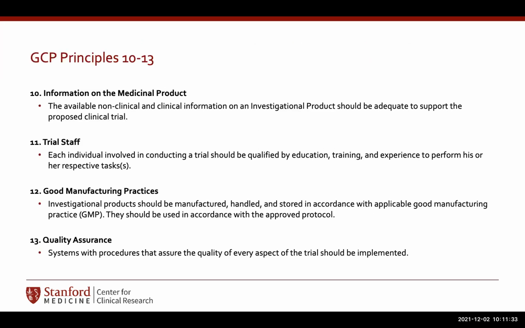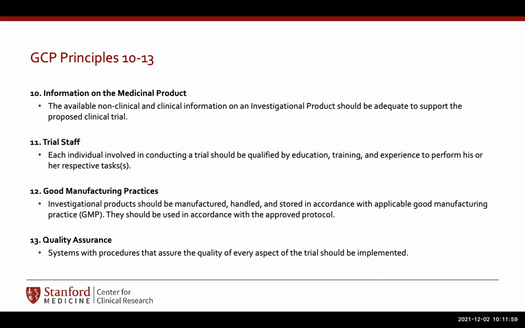Okay, so for the remaining GCP principles, I couldn't specifically link them to some of the examples that I provided previously, so they are just listed here. But 10 through 13, obviously, with the first one on this page, is information on the medicinal product. So the available non-clinical and clinical information on an investigational product should be adequate to support the proposed clinical trial.